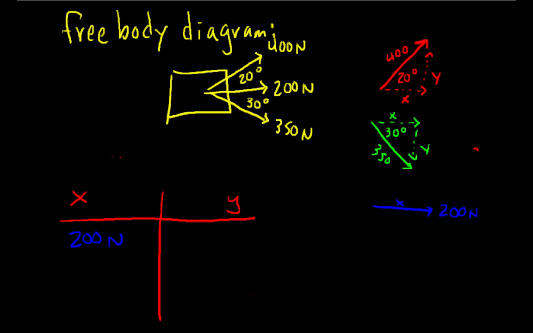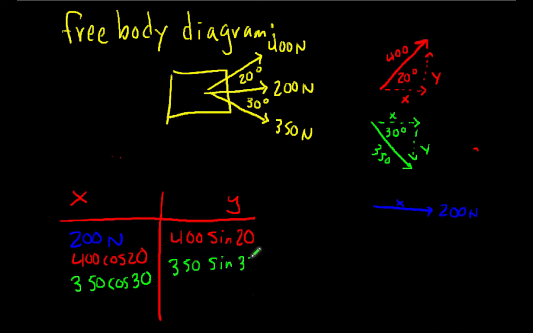This is 200 newtons, which is our east component, 400 cos 20, and 350 cos 30. Since these are all eastward, we don't have to worry about any subtractions. We can just combine the 3. In the y direction, we have 400 sine 20 and 350 sine 30. But be careful. The 350 is in a southward angle, which means that we need to make sure that it's negative.